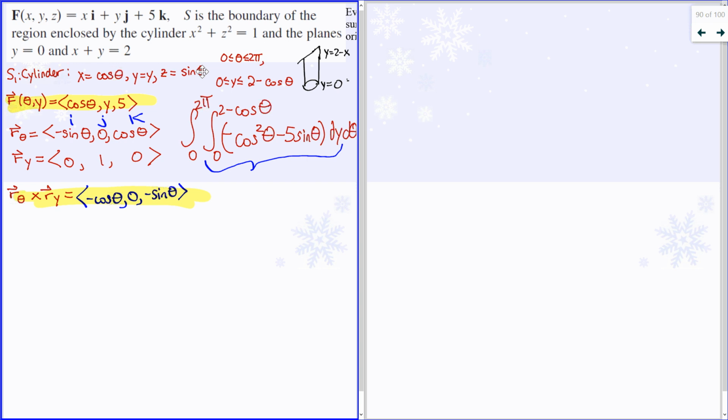I'll just end up multiplying my bound 2 minus cosine theta times my integrand. That'll be my new integrand.